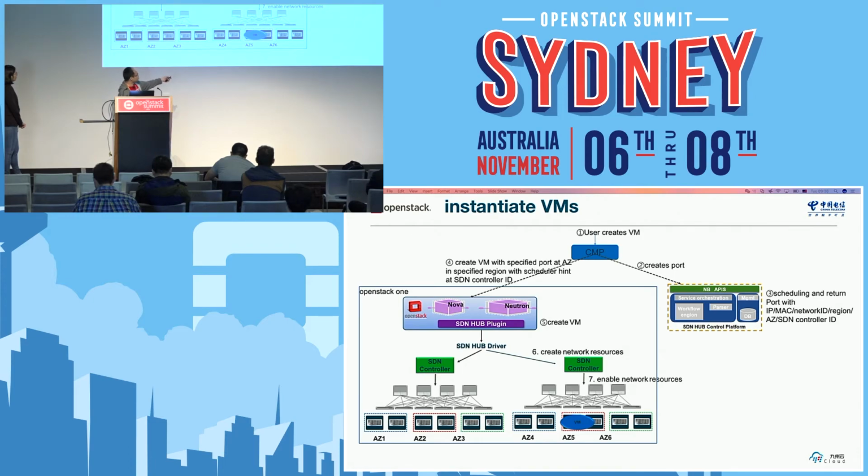The SDN controller will do its concrete jobs to enable network resources. At the same time, the Nova side will initiate the virtual machine. And at this time, the virtual machine is connected at layer 2 and layer 3 with the L2, L3 networks. So that is the main part of our topic.